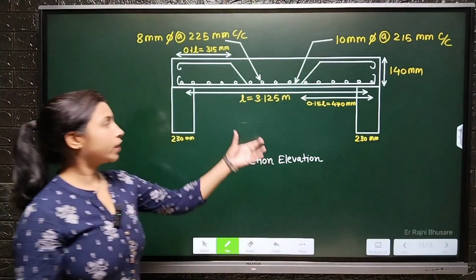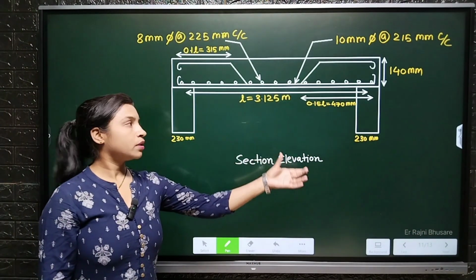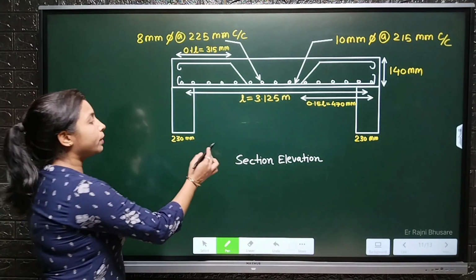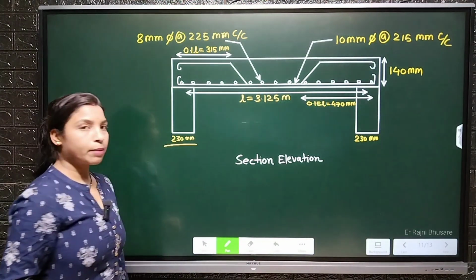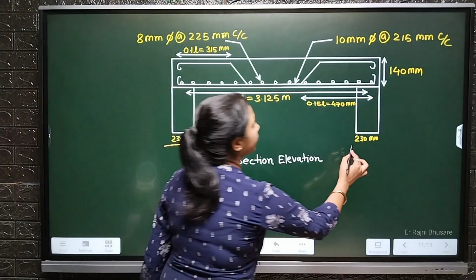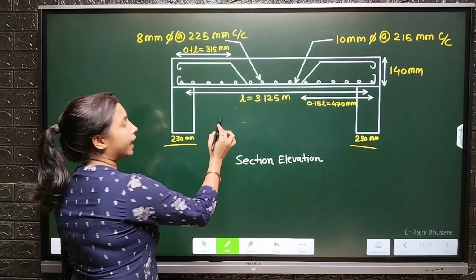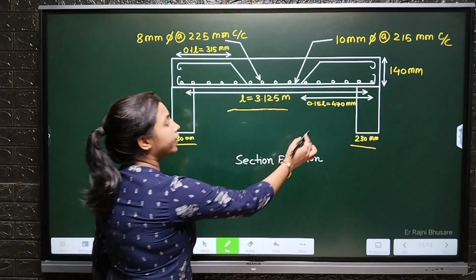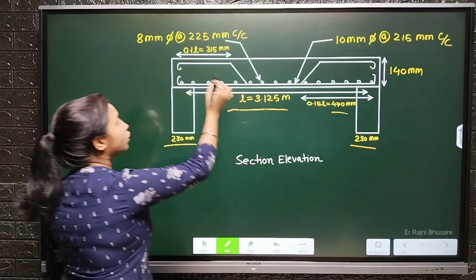Here you can see the section and elevation of the simply supported one-way slab. Here there are two beams, each with a width of 230 mm, and the length is 3.125 meters. Provided 470 mm, and it's the top portion.